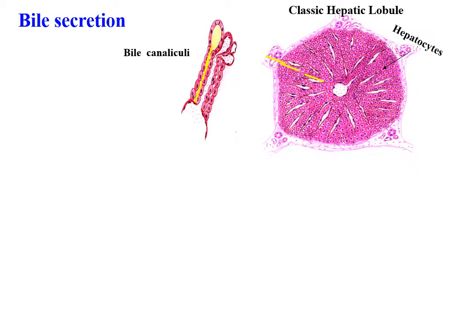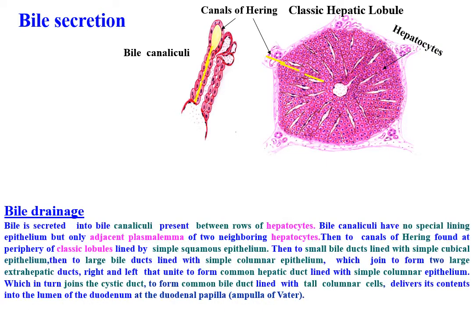Then bile passes to the canals of Hering, found at the periphery of classic lobules. Canals of Hering are lined by simple squamous epithelium. Then bile passes to small bile ducts lined with simple cuboidal epithelium, then to large bile ducts lined with simple columnar epithelium.